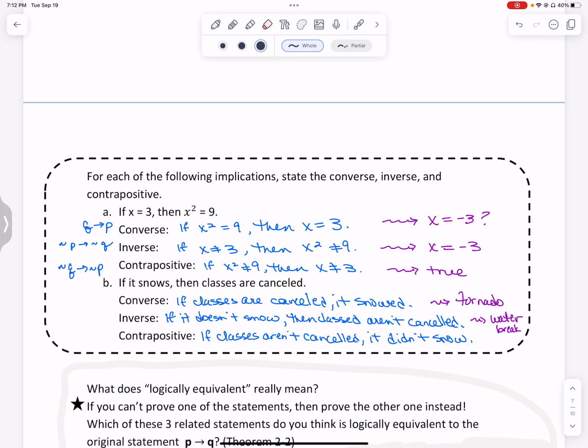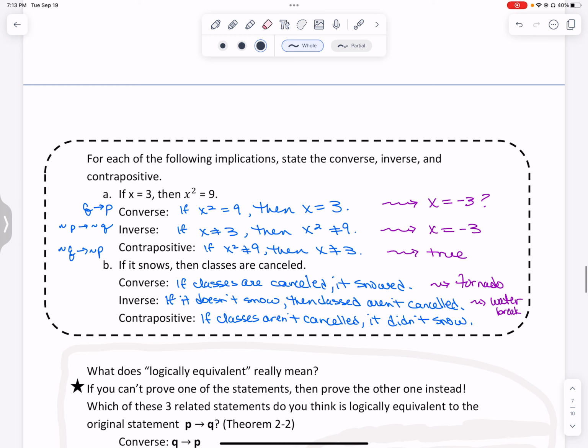If classes aren't canceled, then it didn't snow. That's true. If classes are not canceled, well, then we know it didn't snow. All right. So again, the only one that is the same as what we started with would be this contrapositive. If this thing is true, we know this contrapositive is true. Okay. All right.